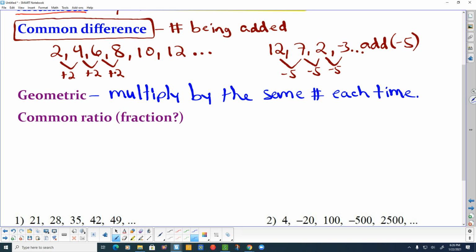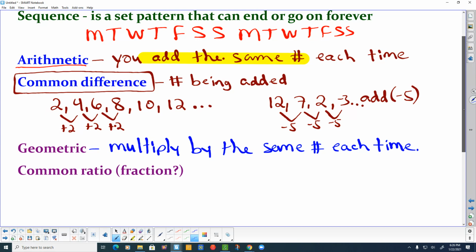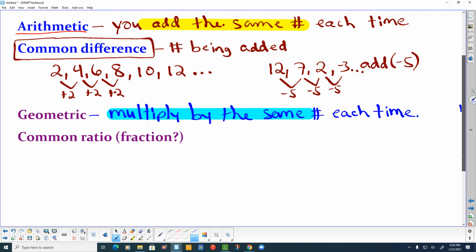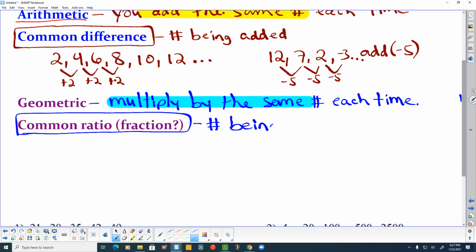So arithmetic was all about adding the same number each time. A geometric sequence is all about multiplying each time. The number you multiply by is called the common ratio. This is the number you're multiplying by, the number being multiplied.